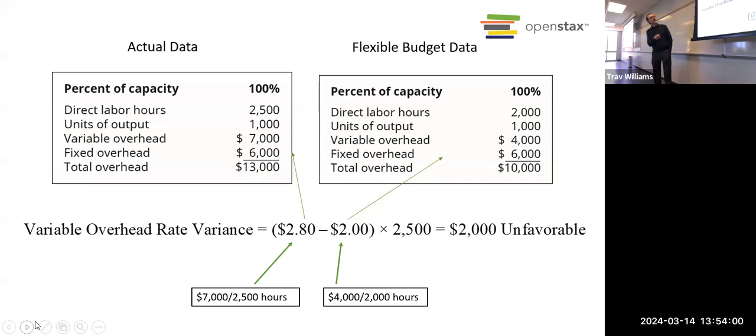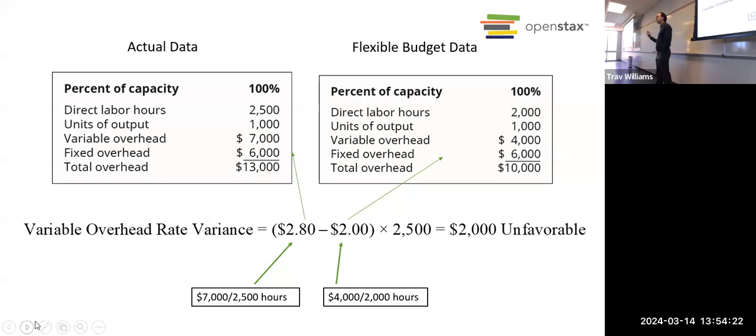Okay, here they've got 2,000 direct labor hours to produce 1,000 units and $4,000 of variable overhead, right? Okay. So we take the $4,000 variable overhead, divide by the 2,000 labor hours.